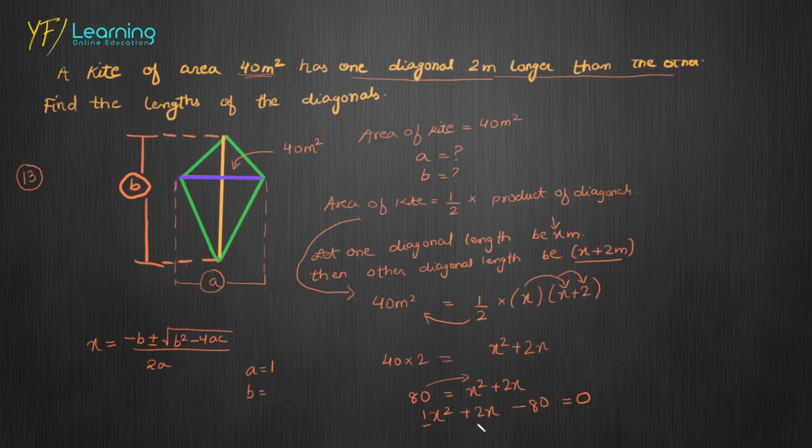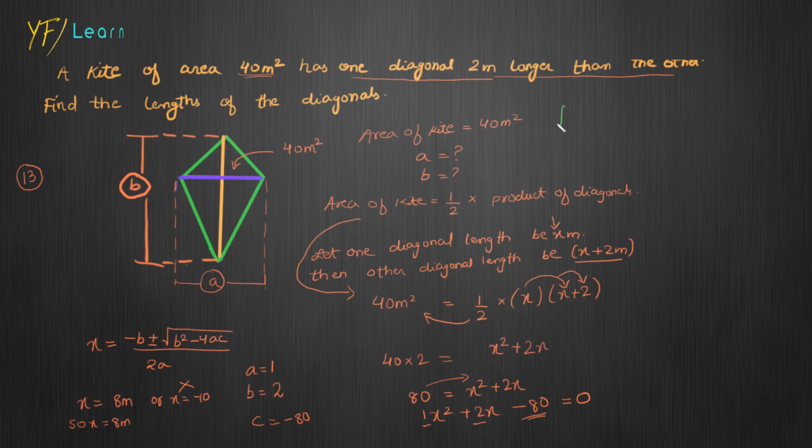The coefficient of x is b, and b equals plus 2, and the constant is minus 80. Substituting these values in the formula, we get x equals 8 meter or x equals minus 10. Neglect x equals minus 10 because length should be positive. So x equals 8 meter.